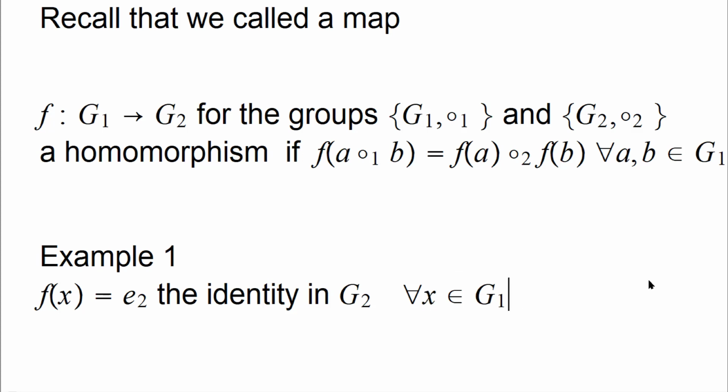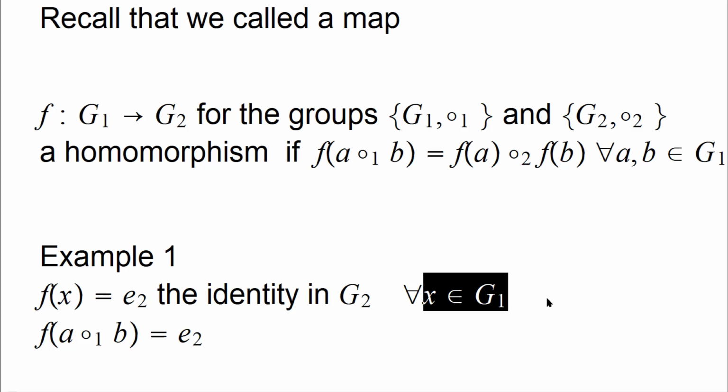So if we have f of A times B, this may be treated as x. If we take x to be A times B via the operation in G1, then the image will still be E2, the identity, because for any x in G1, it's going to E2. And who is E2? I have to look for this now, to fulfill this condition.